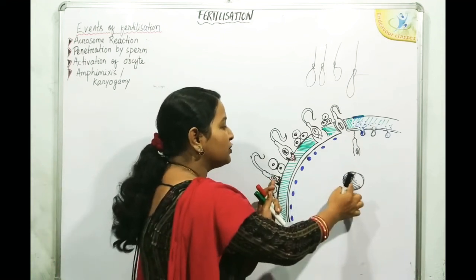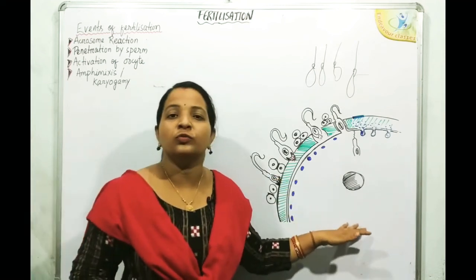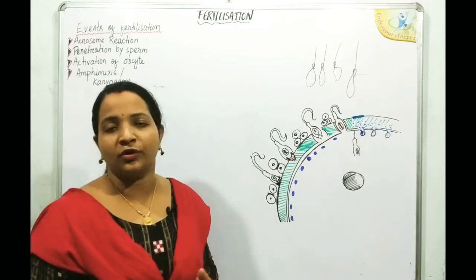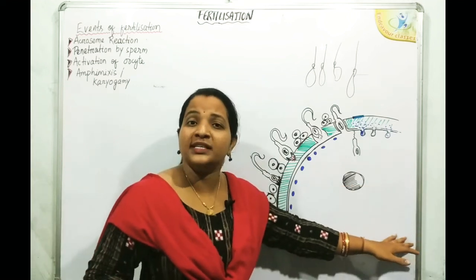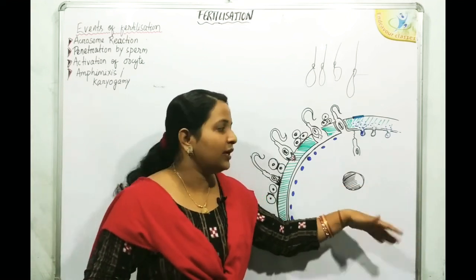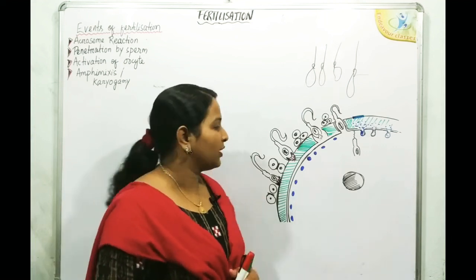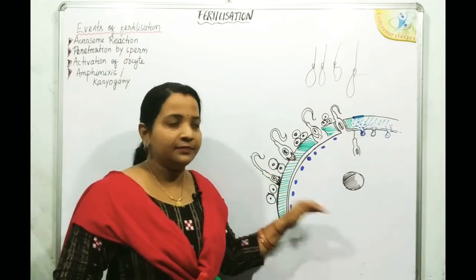If more than these two nuclei are fused, then this results in chromosomal abnormality. That means certain polyploid conditions arise and an abnormal zygote will be formed at the end of fertilization that is not able to form an embryo. So that's why only one sperm enters the egg.